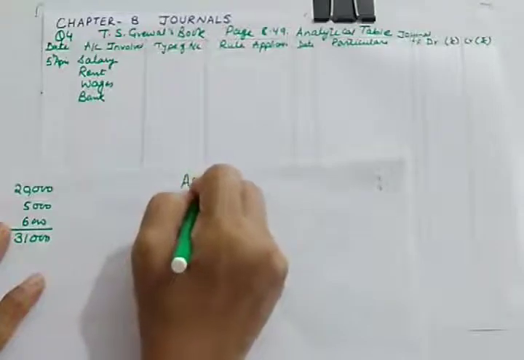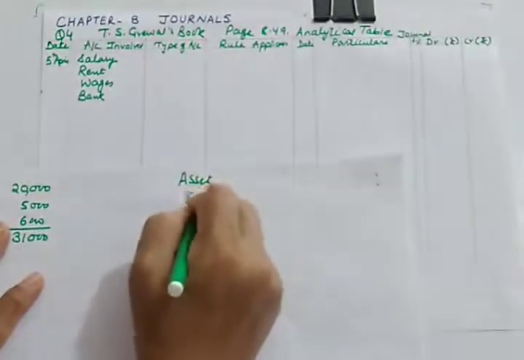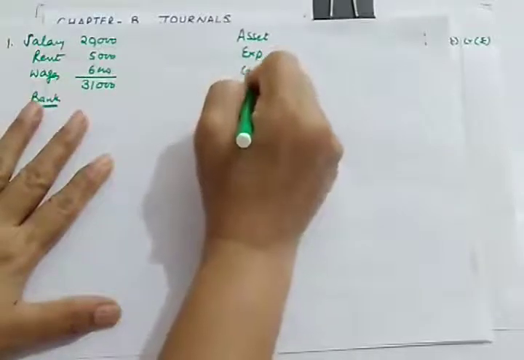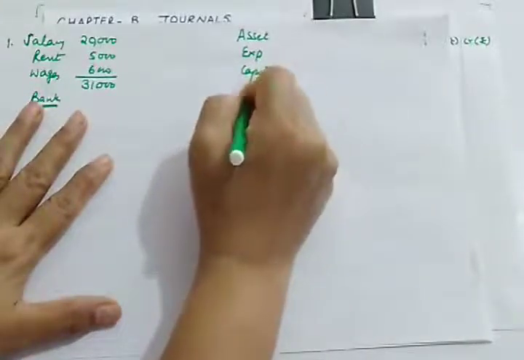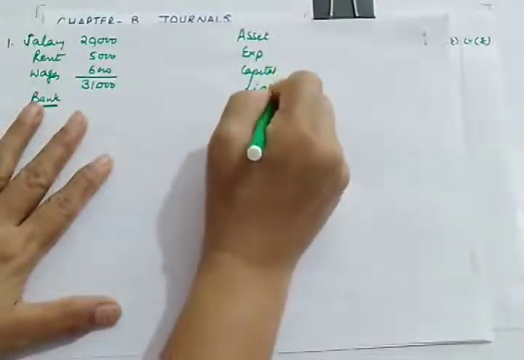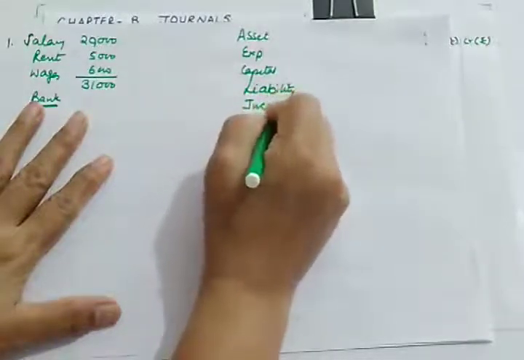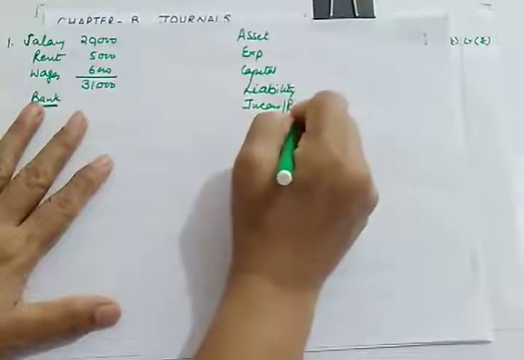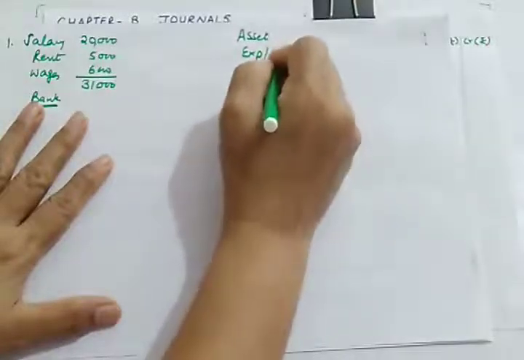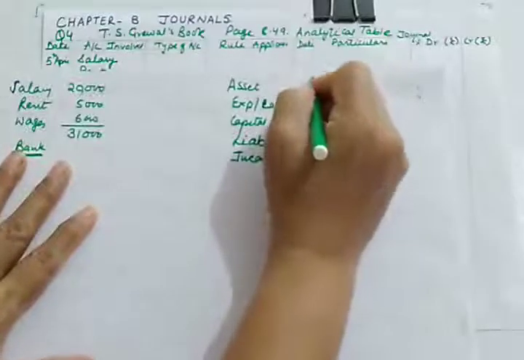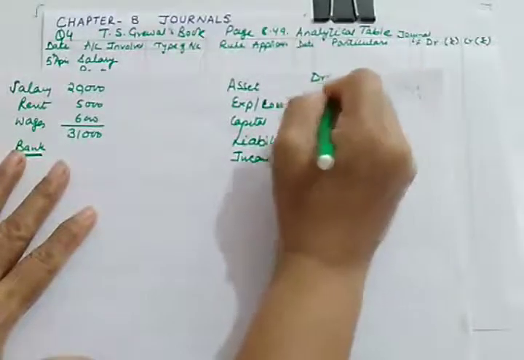Rule for asset, expense, capital, liabilities and income or revenue, and this is expense or losses, and here it is debited and credit.